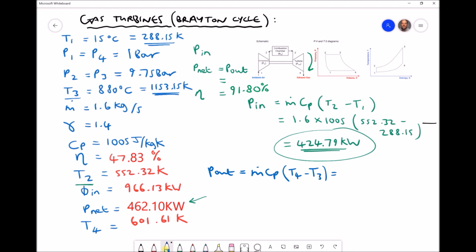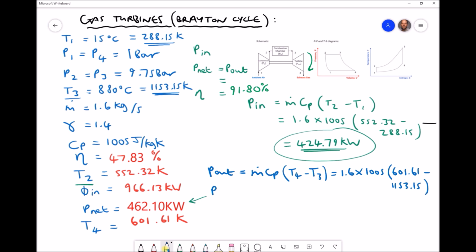Now we have all of these values in SI units and in Kelvin, so our mass flow rate then is 1.6, our specific heat capacity at constant pressure is 1005, T4 is 601.61, and T3 is 1153.15.